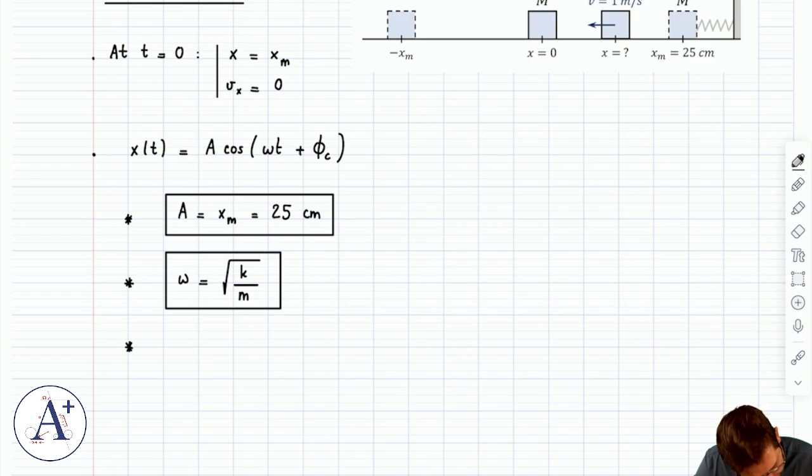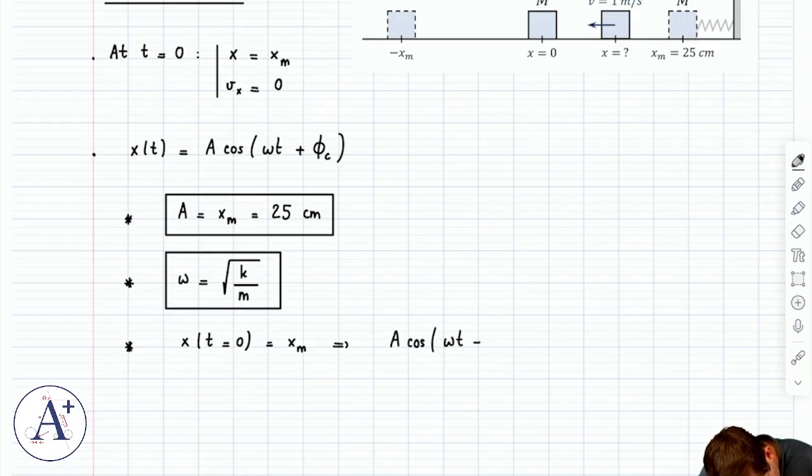The initial condition is that when t is equal to 0, x is equal to xm. So x at t equals 0 is equal to xm. That means that A cosine of omega t plus phi sub c, when t is 0, so in other words, when omega t goes away, is equal to x sub m.